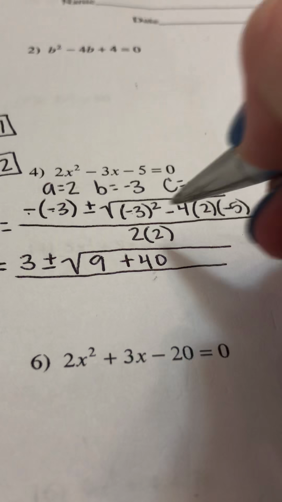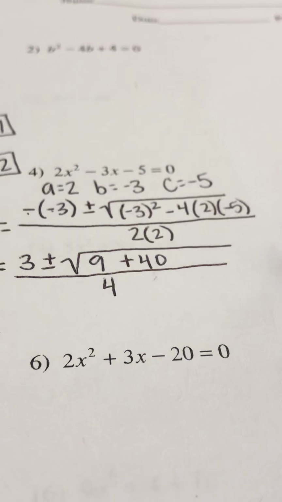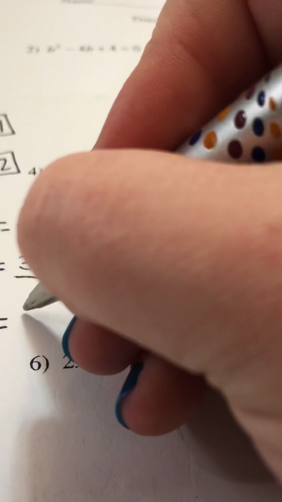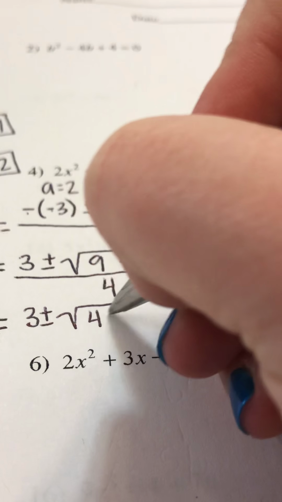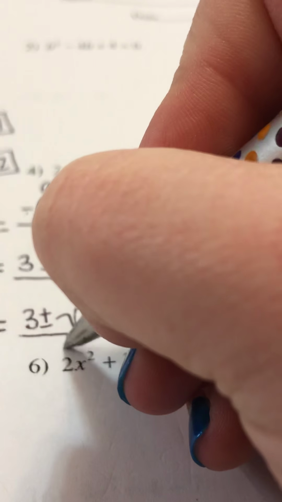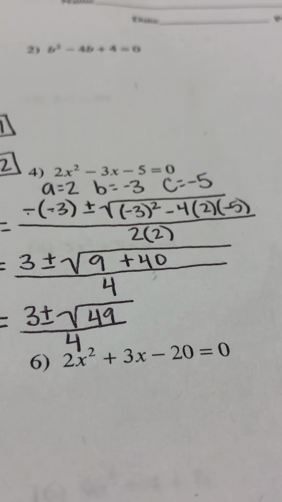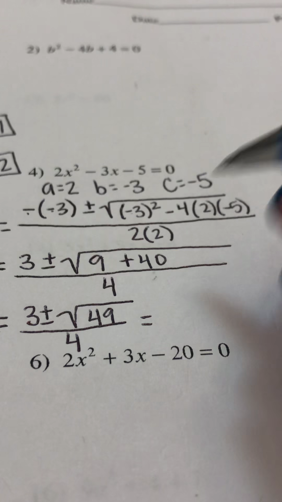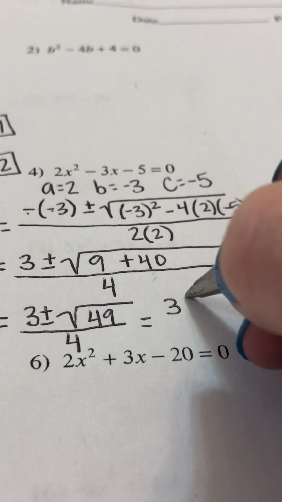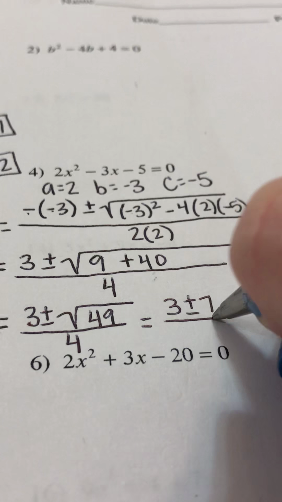Divided by 2 times 2 is 4. That simplifies to 3 plus or minus the square root of 49 divided by 4. The square root of 49 is 7. So 3 plus or minus 7 divided by 4.